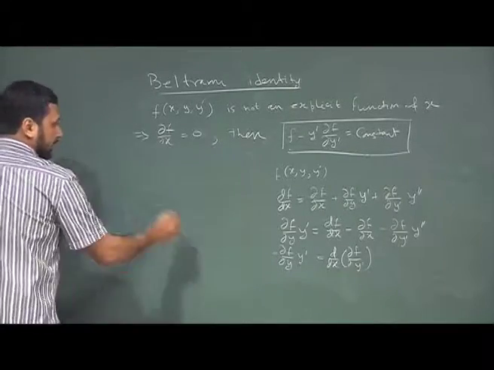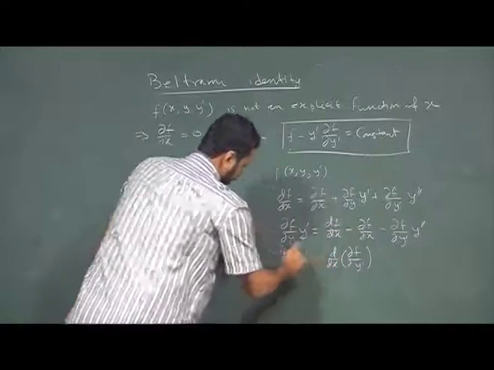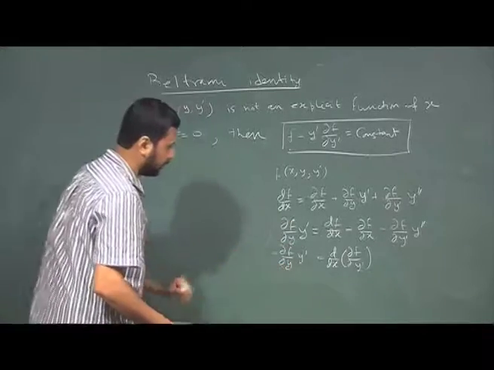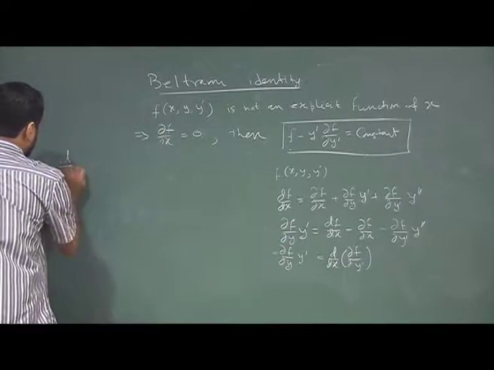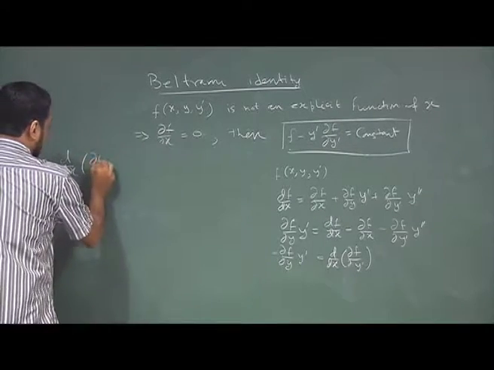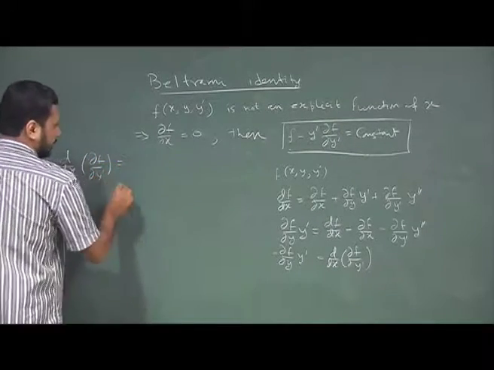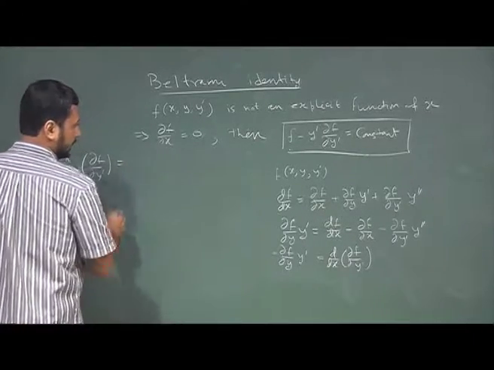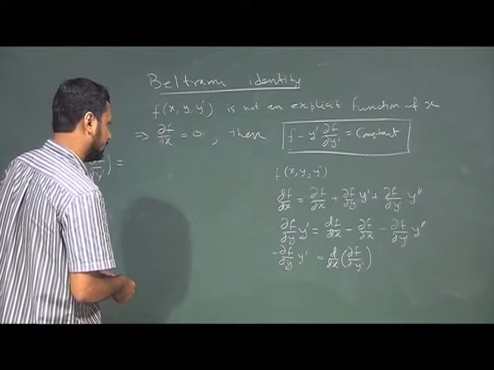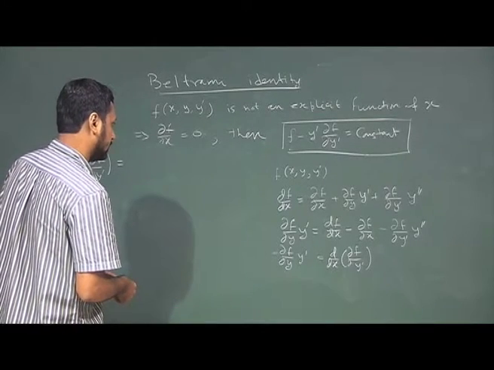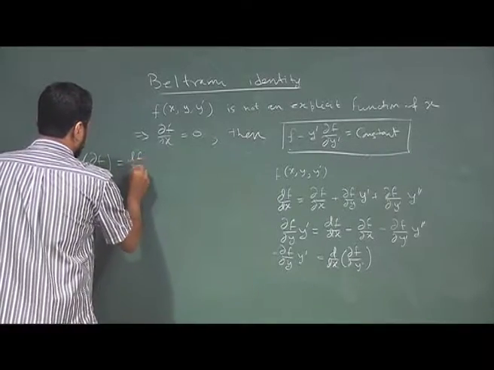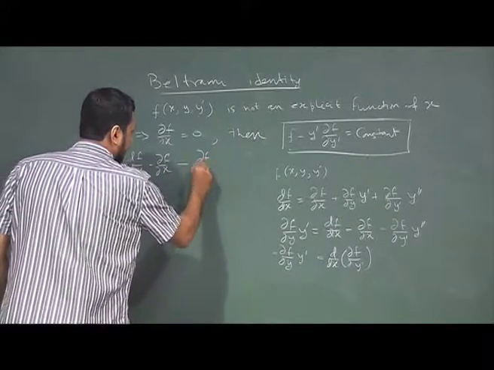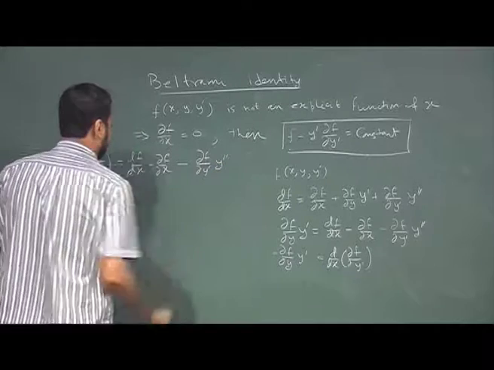Basically, if I subtract one from the other, then this side will be equal to 0, and so we can write d dx of del f del y prime is equal to df dx minus del f del x minus del f del y prime y double prime.